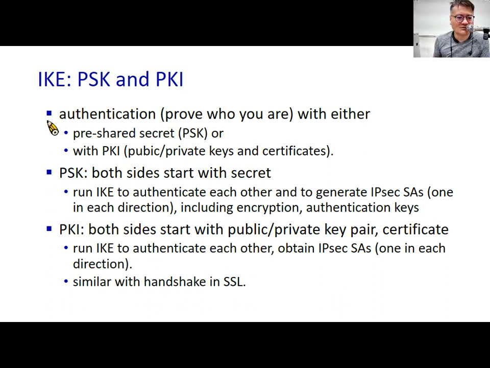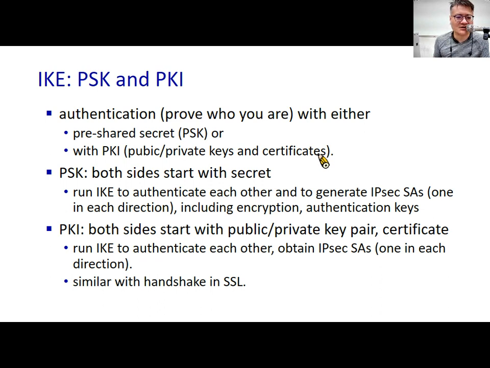This follows authentication, proving who you are, either with a pre-shared secret, PSK, or with PKI, public and private keys and a certificate. So the PSK is a pre-shared secret.